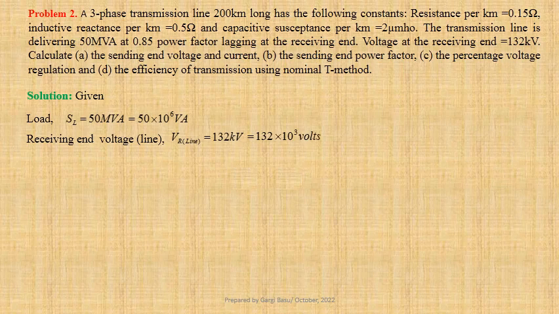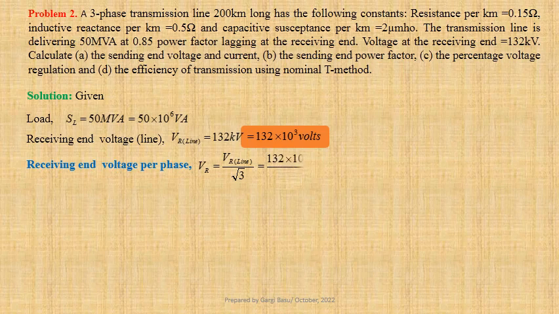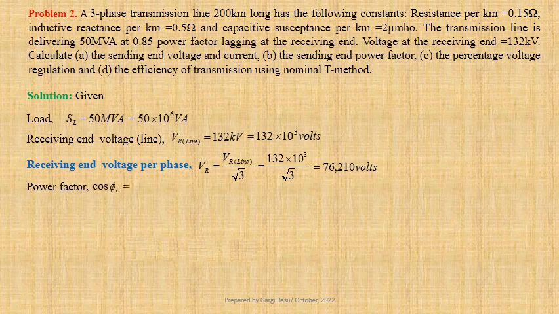For star connected system, receiving end voltage per phase VR equals VR line divided by root 3, that is equal to 132 into 10 to the power 3 divided by root 3, that gives us 76,210 volts. Given load power factor cos phi L equals 0.85 lagging.